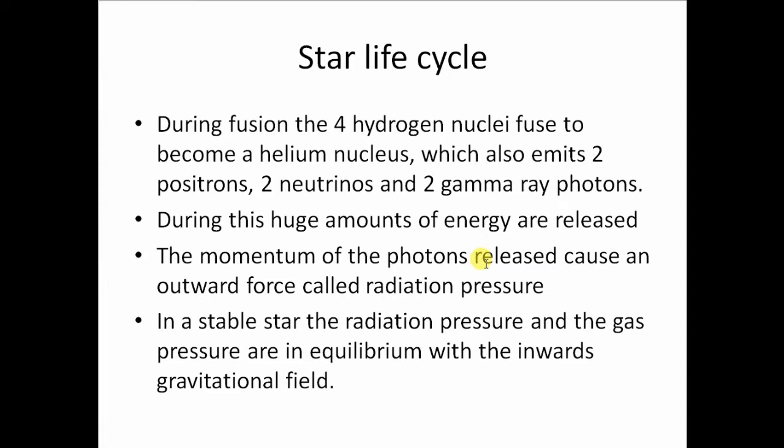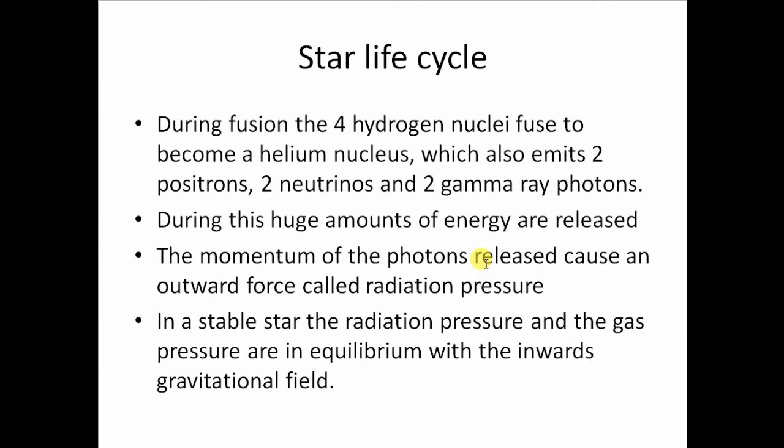The momentum of these photons released cause an outward pressure, and this is called radiation pressure. And in a star, this radiation pressure, the outward force caused by the fusion, is equal to the collapse of the gravitational field. So everyone's happy, the star just remains star-like.